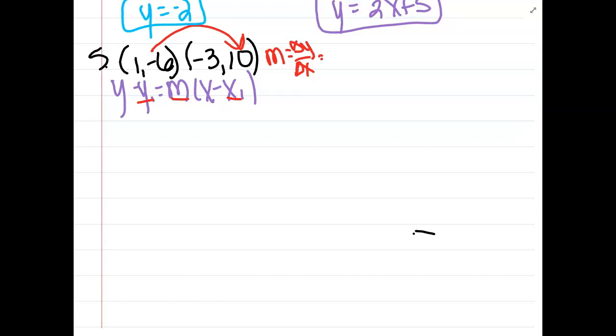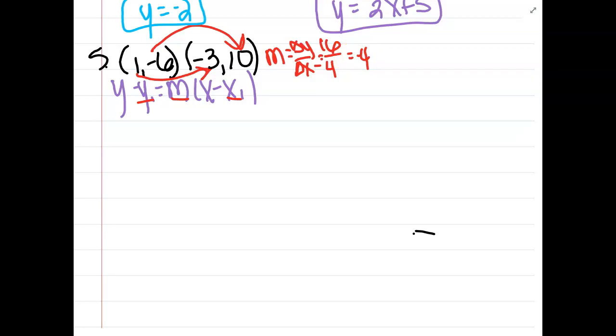What's that change? 16! Huge jump there. And then your change in x, 1 to negative 3. If you take a pit stop at 0, 1 to 0, 0 to negative 3. What's that change? Negative 4, going in the negative direction. So 16 over negative 4 would be negative 4. So my slope is negative 4.